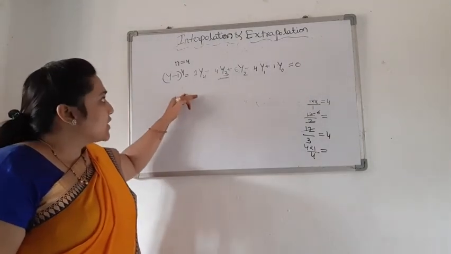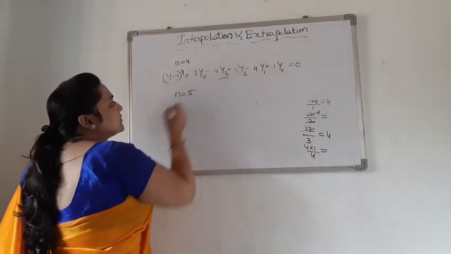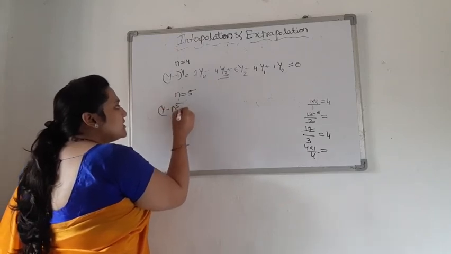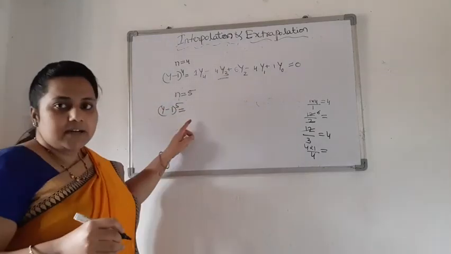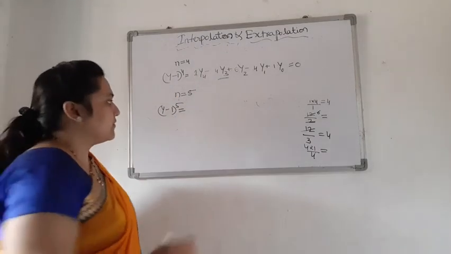Next, I will take one more example, that is n is equal to 5. So (y minus 1) to the power of 5 is equal to, how to expand it? First we should begin with y suffix 5.